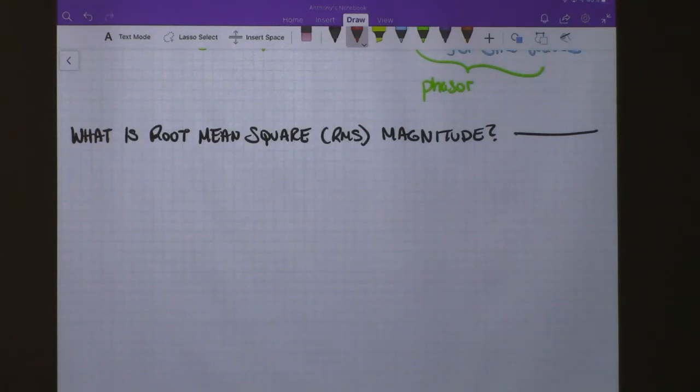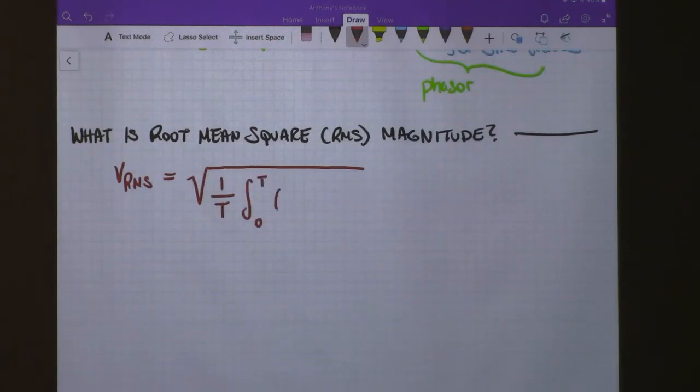So if I want to find the RMS, so let's call this VRMS, it's simply going to be equal to the square root of the mean of the voltage squared.